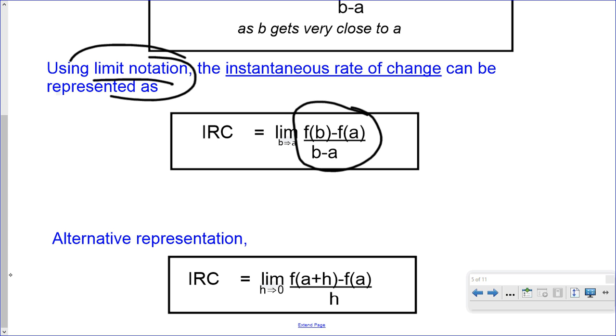Another way to talk about instantaneous rate of change is to use h approaching 0. Here h is a height between 2 points that are really narrow, not very far apart. I can find an instantaneous rate of change as h approaches 0 if I take f at a, then add that little bit of extra height, the value of h, onto A and find a different value. That's like the y2 value here.